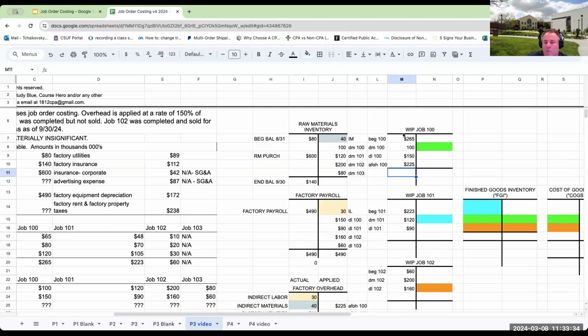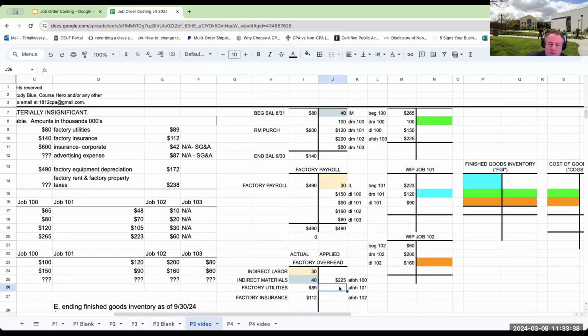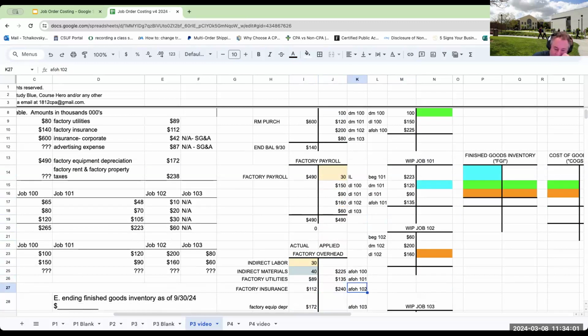This is going to be the amount of my applied factory overhead I'm going to be putting into job 100. Over here, for applied factory overhead for job 101, my direct labor was 90. I'm going to multiply that by 1.5 and get a total of 135. So my applied factory overhead for job 101 is going to be 135. For job 102, 160 times 1.5 is going to give me 240.